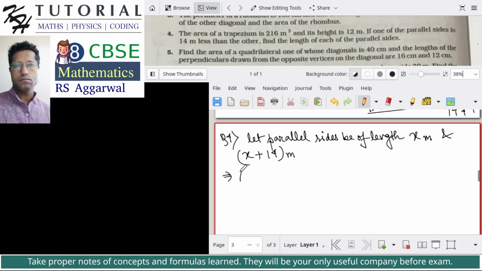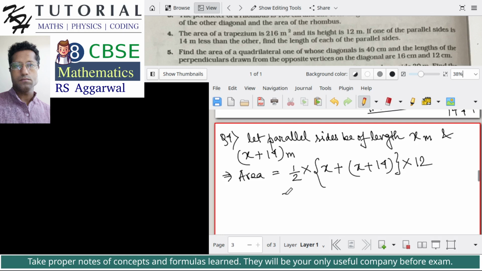So this implies area is equal to, the area of the trapezium we know is half multiplied by the sum of the parallel sides. In this case, it will be x plus x plus 14, multiplied by height. Height is given to be 12.